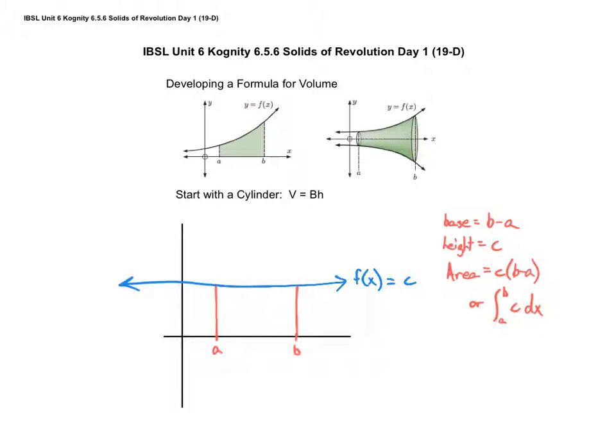Now, let's step away from the integral for a moment and let's look at this more geometrically. Let's say I took this rectangle and I revolved it around the x-axis.